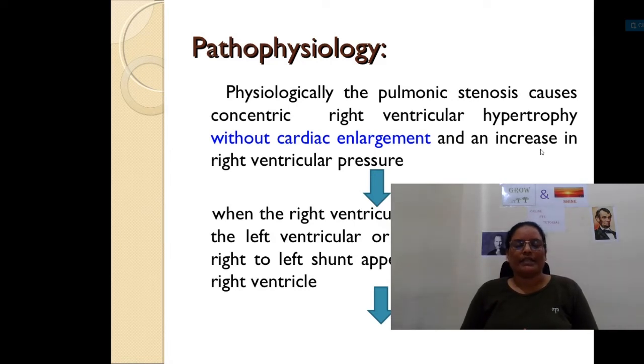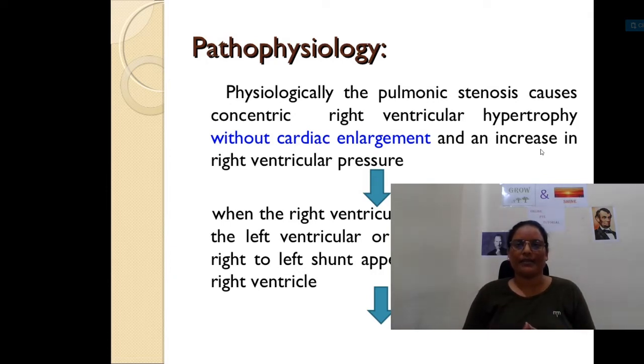Pathophysiology: what happens in tetralogy of Fallot? Physiologically, pulmonic stenosis, narrowing of the pulmonary valve, causes concentric right ventricular hypertrophy. How? Normally the pulmonary artery receives blood from the right ventricle and gives it to the lungs for purification.